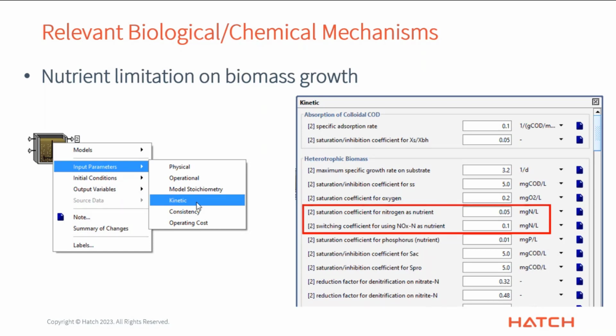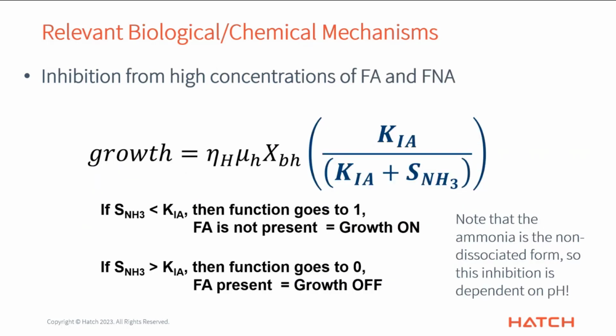So there's a couple of parameters that control how all of this happens, but the concept is the same. Once you've used up all the ammonia, and then you switch to nitrate and used up all the nitrate and there's no TKN left, then of course it says, okay, well, now I don't have anything for nutrients and I'm going to stop growing now. Okay, so that's how that works. And I'm going to show you in a few moments an example of that in action.